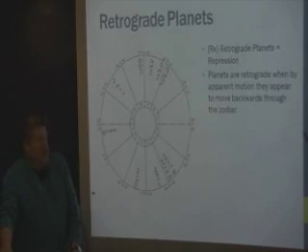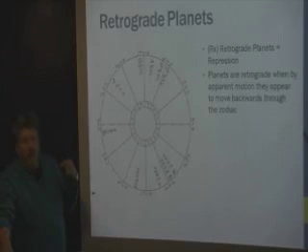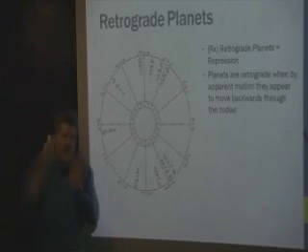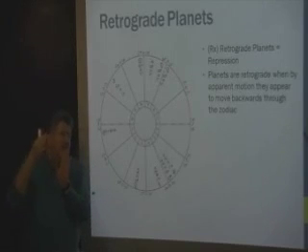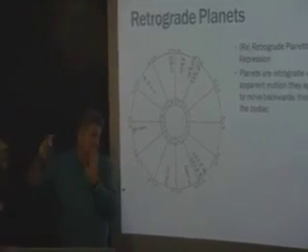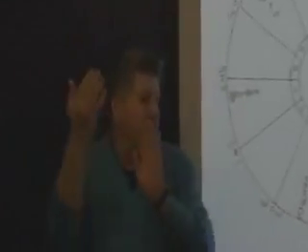Well, as the planets are revolving around the sun, they're moving at different speeds. And so what happens is we're looking at it from Earth. And as we are also moving around, the planet, in relationship to the backdrop of the zodiac, starts to appear as though it is moving backwards.